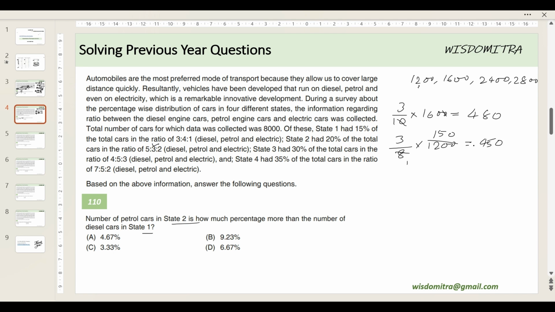Right. So this is the difference, right? What's the difference? 30. So 30 upon 450 into 100. This is the percentage difference, right? Difference is 30 upon 450 multiplied by 100.